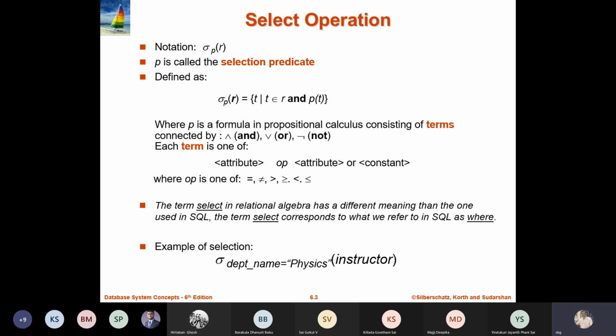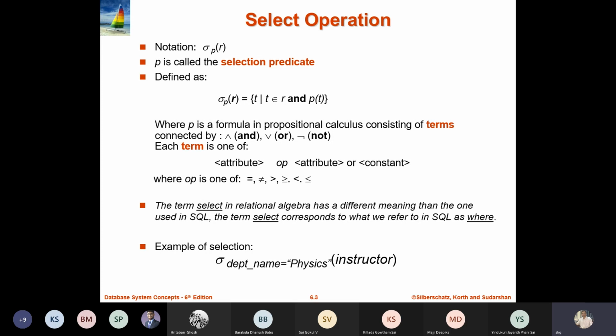So what does it result in? It results in a set of tuples. So from the instructor, or from the R relation, based on your predicate, it selects a set of tuples.